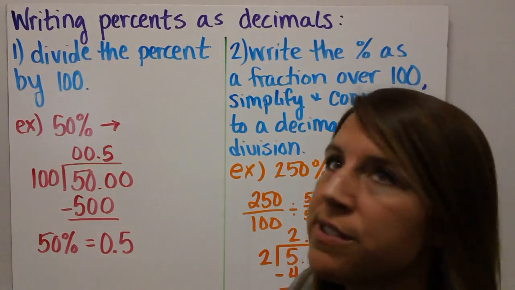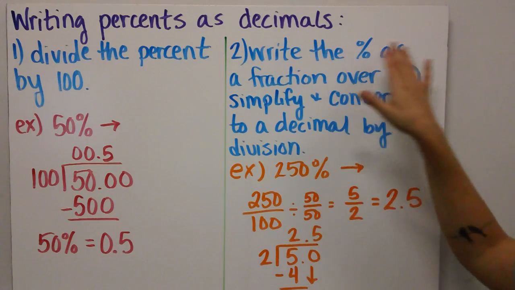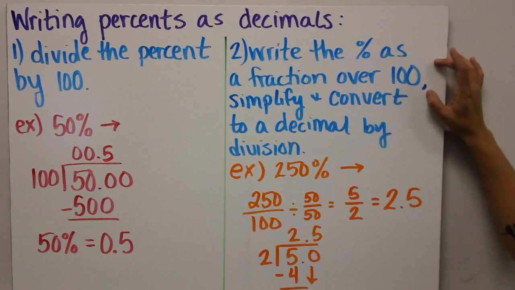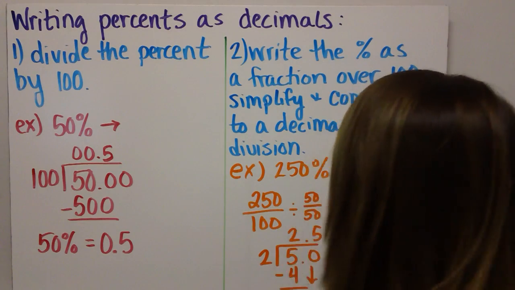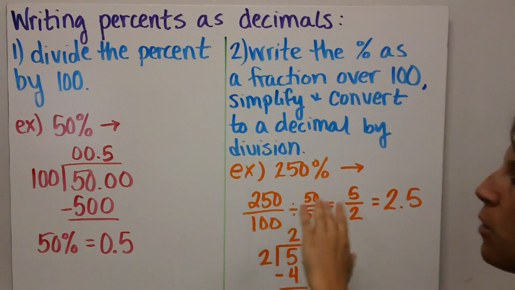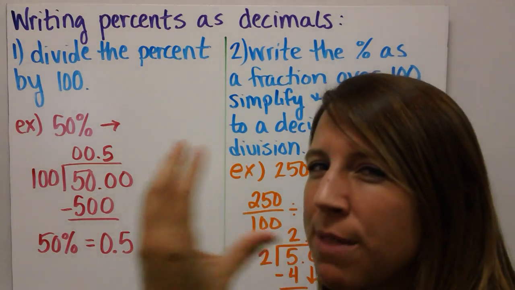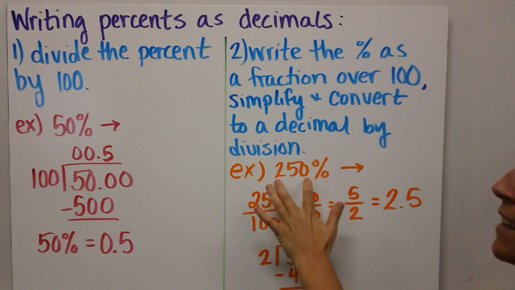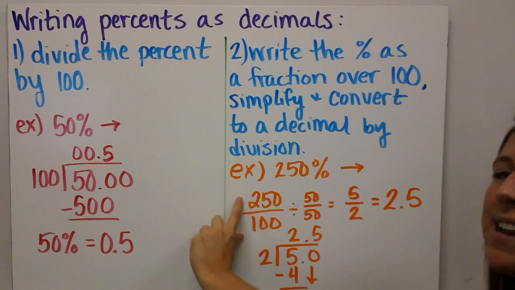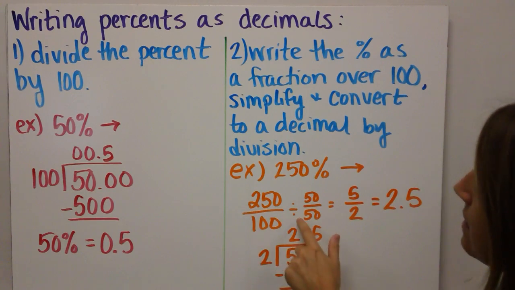5/10 equals 50%. Another way is I can write the percent as a fraction over 100, then simplify and convert it to a decimal by division. So, for example, 250%, we know that that's more than one whole, so keep that in mind. Any percent is a comparison to 100, so I can write that as a fraction, and then I can simplify.